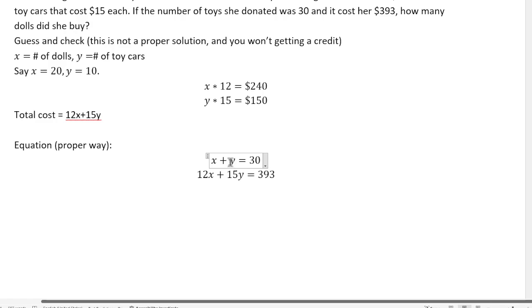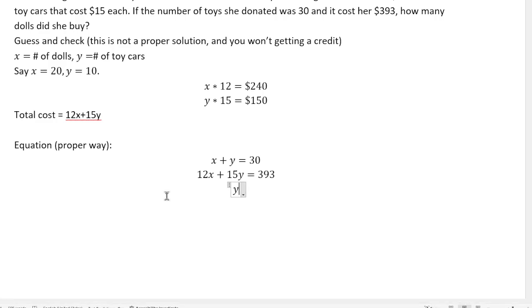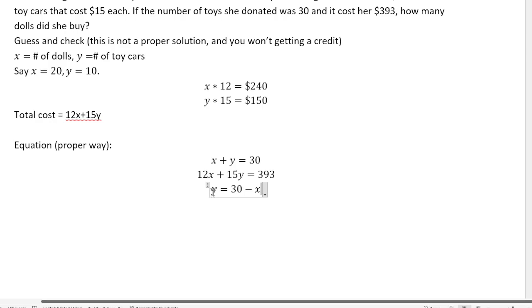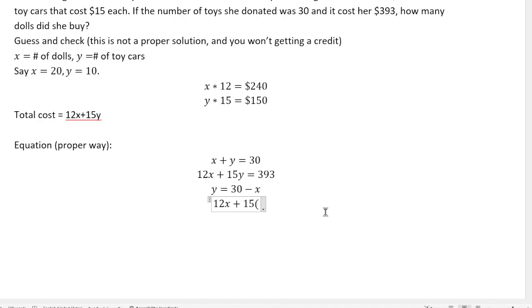Now, if you have an equation like this, how do you solve a system of equations? You solve it by solving for y first, right? So you have y equals 30 minus x from the first equation, and then take this and put it into the second equation. You replace y by 30 minus x. That's how you solve such a thing. So it's 12x plus 15 times (30 minus x) equals 393.